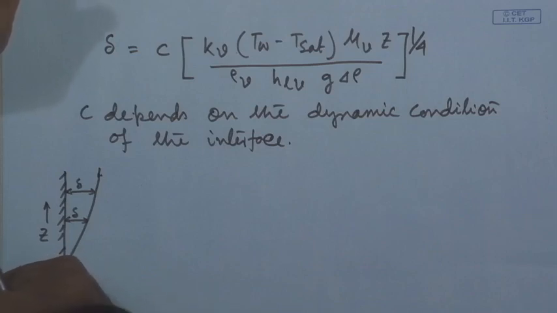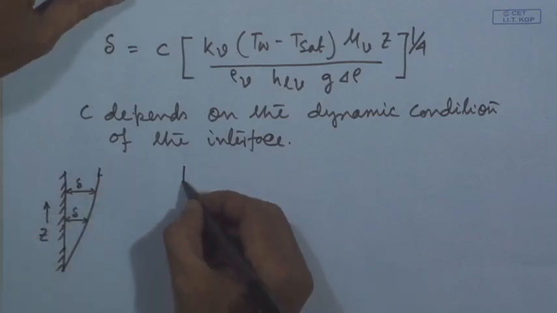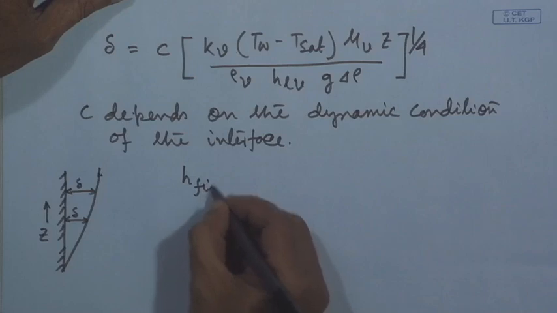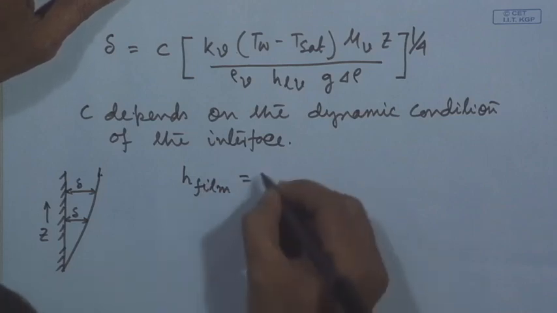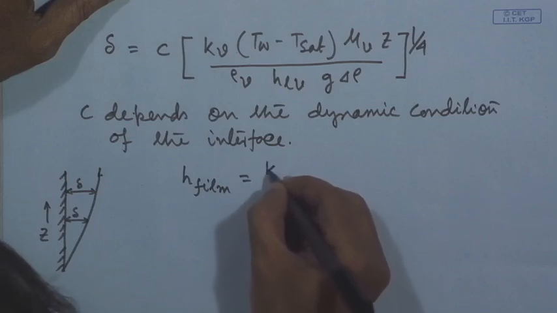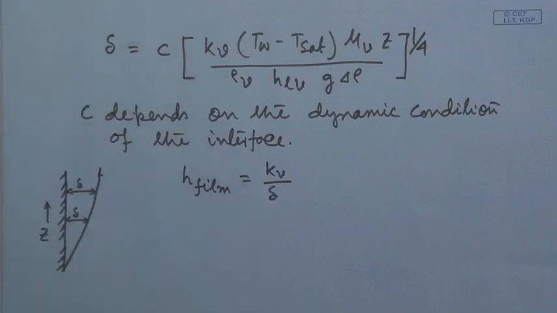based on simplified assumptions. Once we have got delta, we can get h film, the heat transfer coefficient of the film boiling, that is k_V by delta. So, this is a very simple but profound result, and using some simplified assumptions we have got the relationship for heat transfer coefficient.